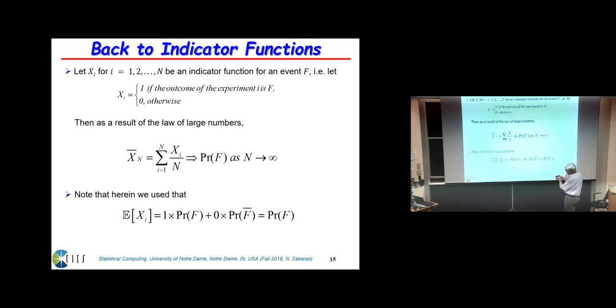So this is the probability that I will hit the circle, and this is the probability that I will be outside the circle in the square. The point I wanted to make is that the probability of hitting the circle is the same as the expectation of these indicator functions. So when I computed how many times I hit the circle, really the sample mean converges to the expectation, which is equal to the probability that I hit the circle, because the two things are the same.